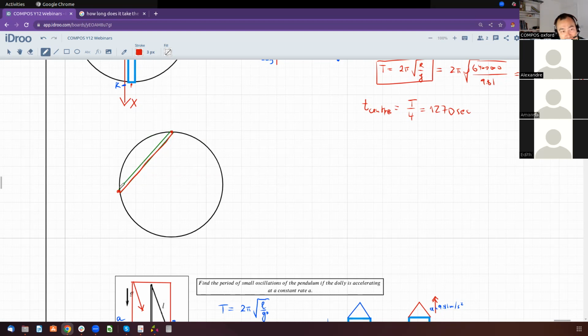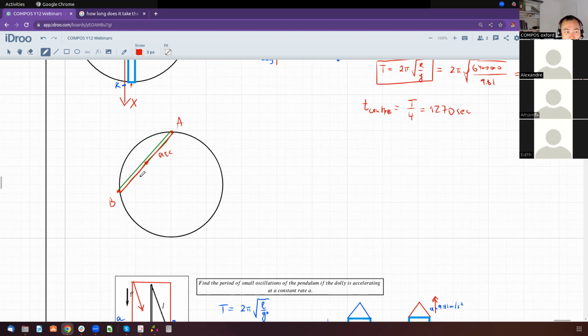But if you had a straight tunnel and you release a train from point A to point B, the train would accelerate because it's kind of going towards the center of the Earth, until this point, and then it would decelerate.